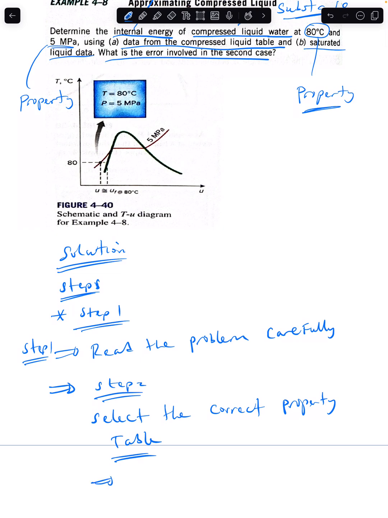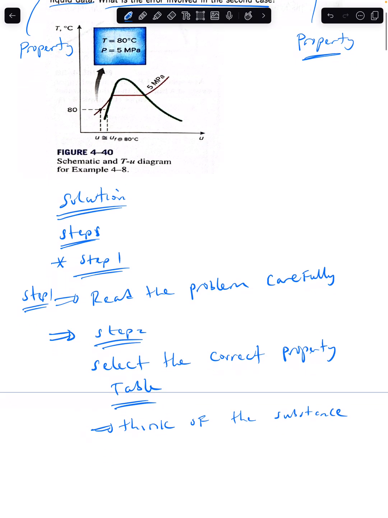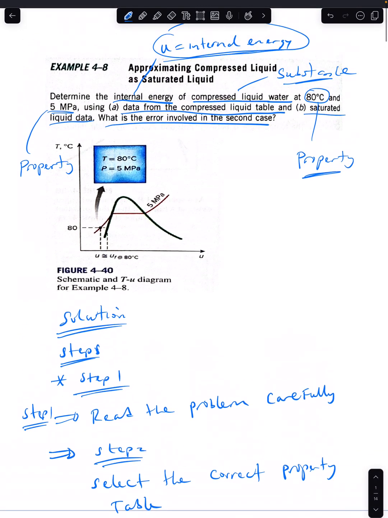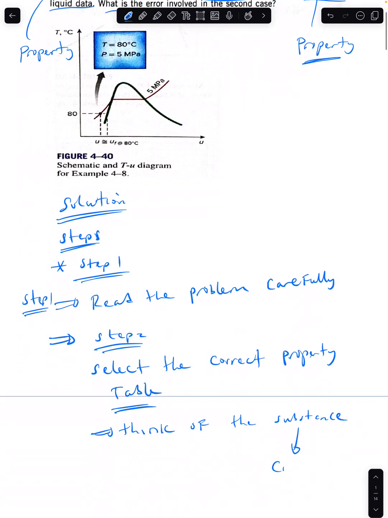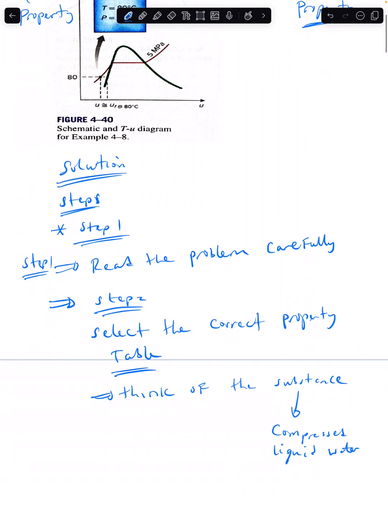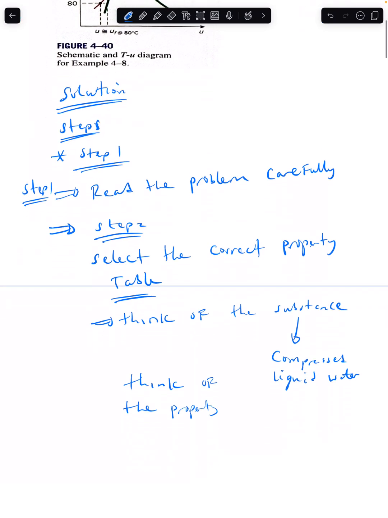You must think of the substance, which in this case is compressed liquid water, and you must think of the property.